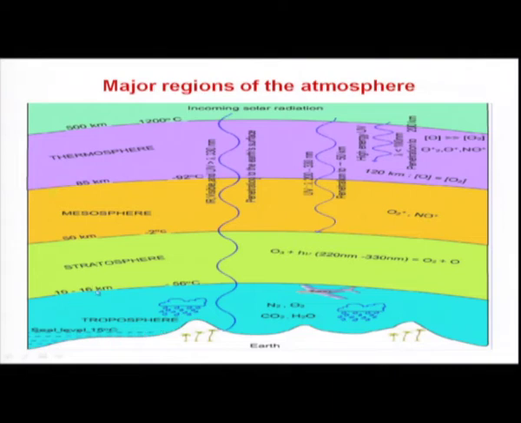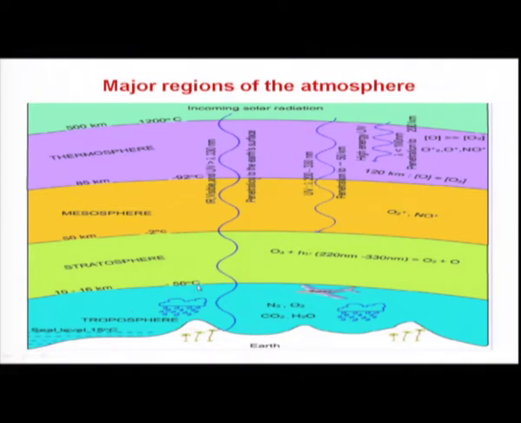Up to 15 kilometers from the ground level is the troposphere, and we can see here that the temperature at the lower part of the earth is about 15 degrees Celsius. If we go up, the temperature goes on decreasing.